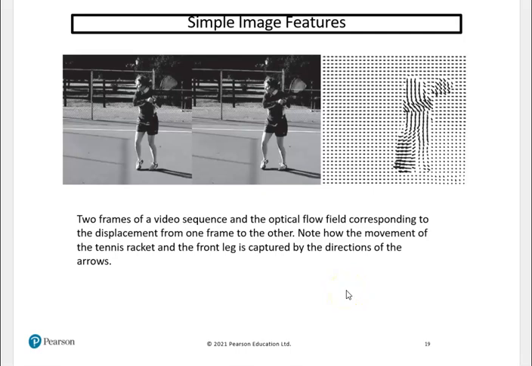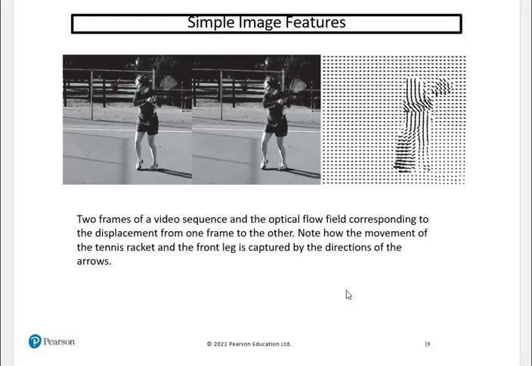So here's an example of this optical flow. You have two frames of a video sequence of someone playing tennis here. And you can see the optical flow corresponding to the displacement from one frame to the next. You can note how the movement of the tennis racket is going down to the right. The movement of the front leg is to the left, right?